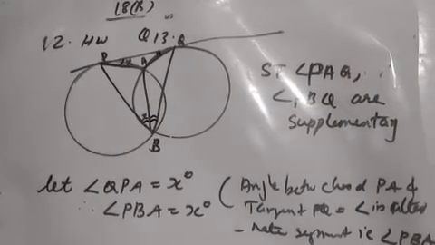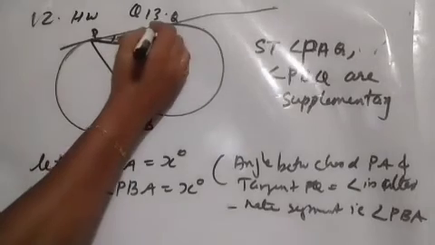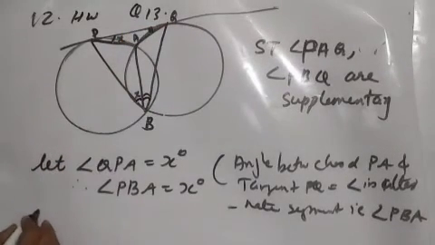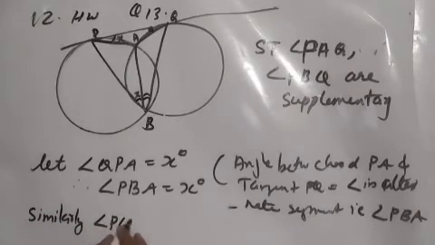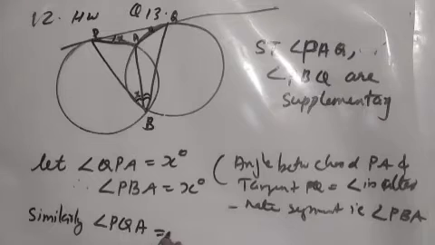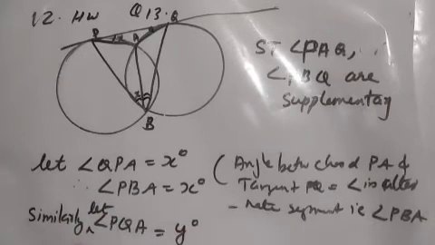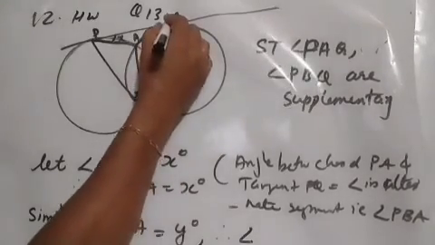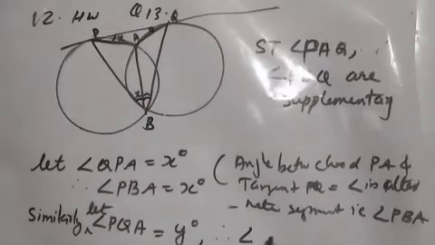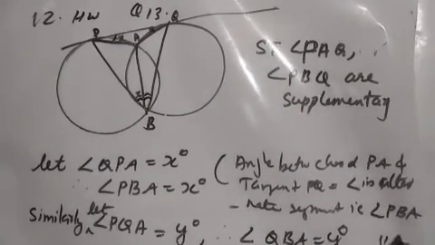That is the reason. Similarly, we can write this portion, angle PQA. Same reason, let angle PQA be y degrees. Then angle QBA is y degrees. Same reason.